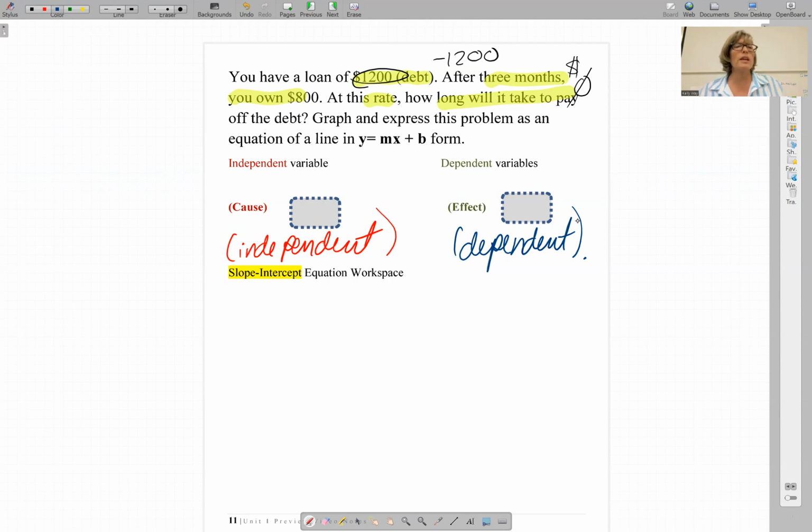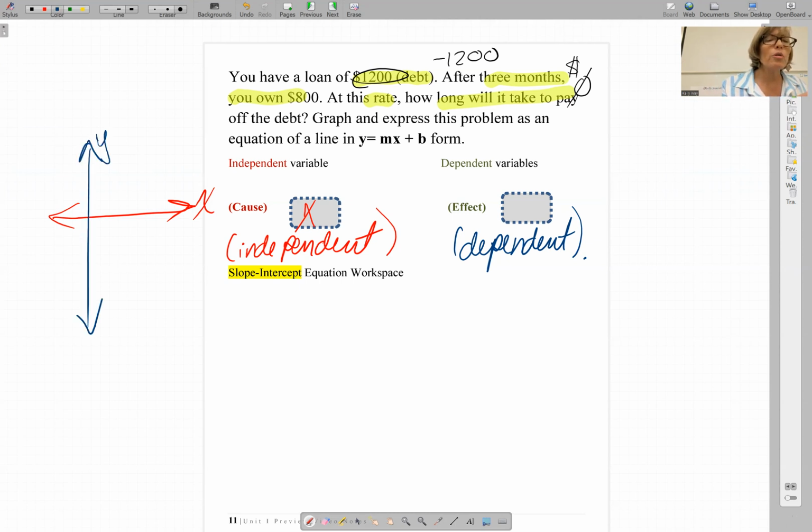So in this case, cause is the x-axis variable. So your independent variable content goes on the x-axis. And your effect, also known as your dependent variable, goes on your y-axis. X is cause, Y is effect.